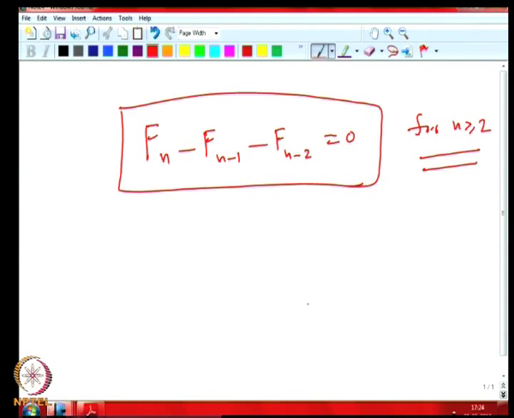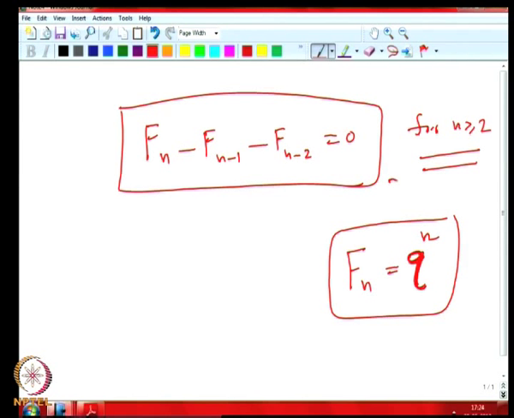Now, what we do is to guess a formula for f_n. So, how do we guess? We just think that this is some q to the power n, where q is some quantity which we will figure out later, right. This is from experience, and then we try it out and see for what values of q this will work, or will it work at all.